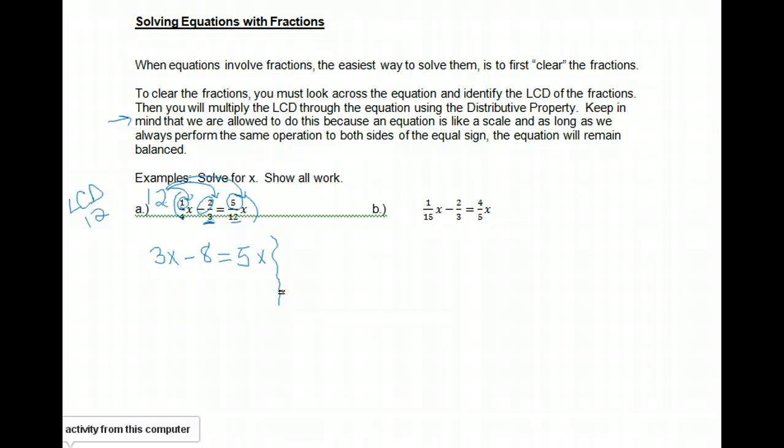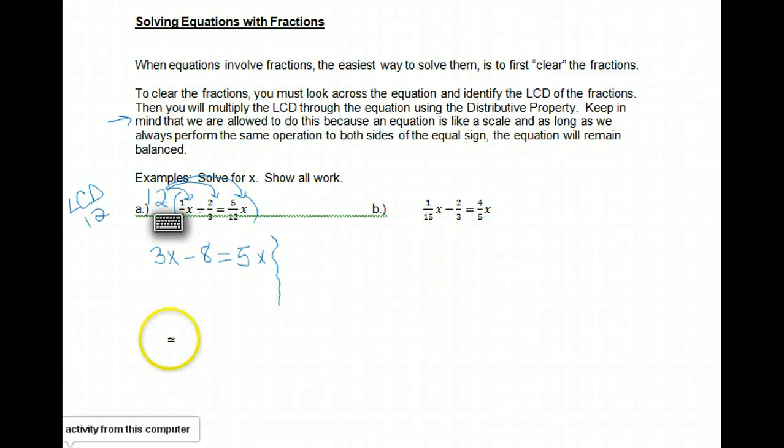Now, some people find it very hard to use the cross-canceling method. So what they choose to do is straight multiply that 12 in, and after they take care of that straight multiplication, they'll divide.